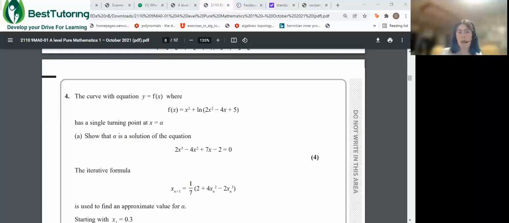So we need to differentiate this expression. It's a bit of a tricky one to differentiate, but hopefully you guys will be able to remember some tricks to do it.